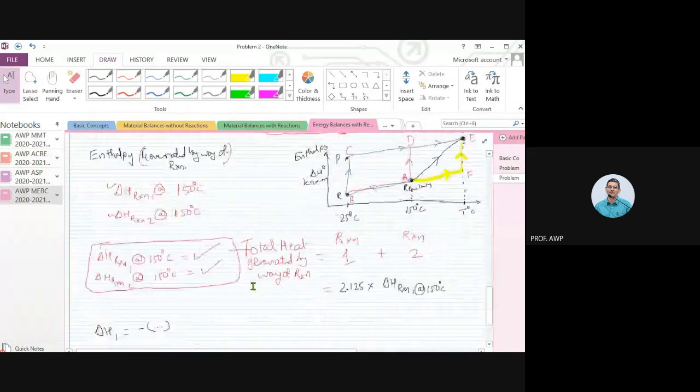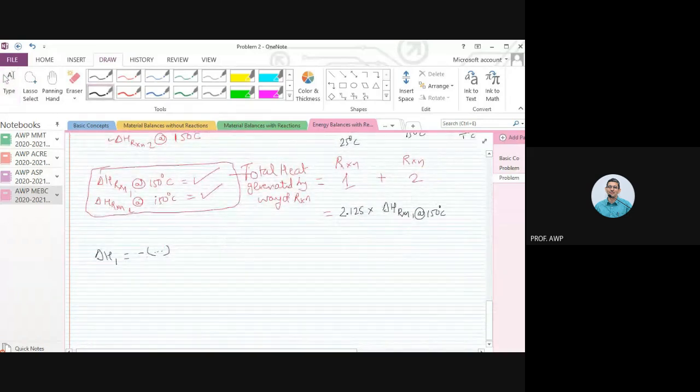Just assume right now that delta H for reaction 1 is, let's say, minus 28 kilocalories per gram mole, and for reaction 2 it is minus 310 kilocalories per gram mole. You can actually calculate, but assume right now.